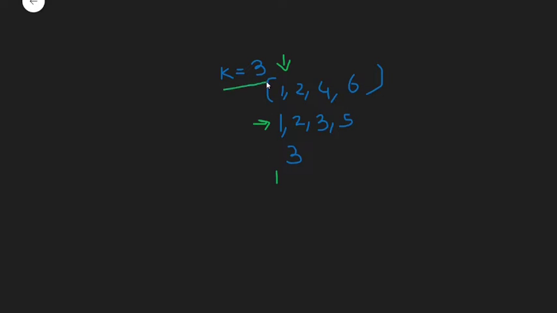Since the value of k is 3, let's say that we have 3 pointers, right, which are currently pointing to each of the first element of these 3 linked lists, okay.